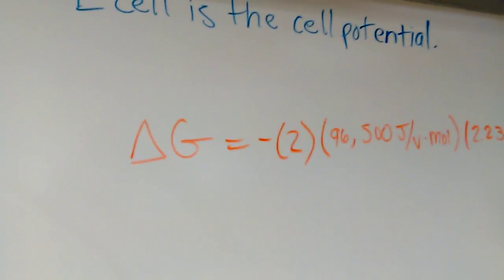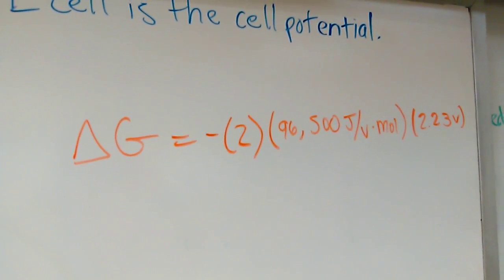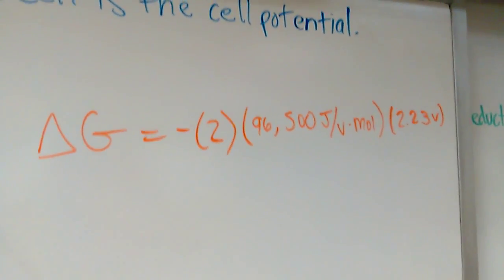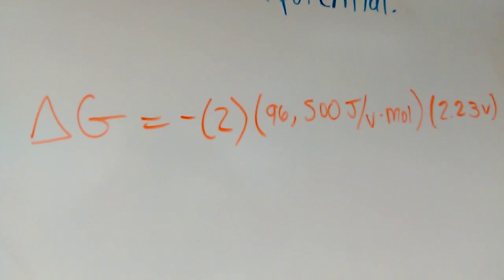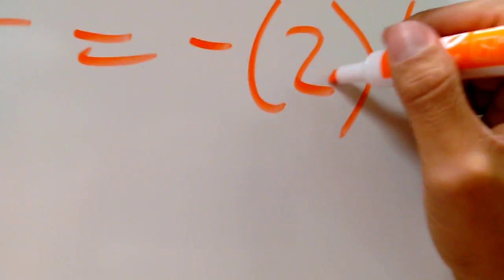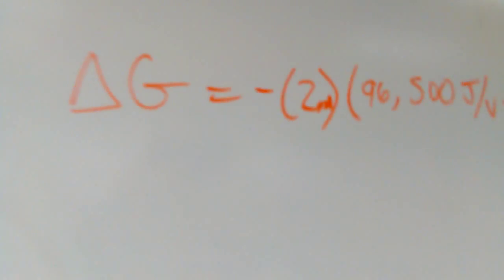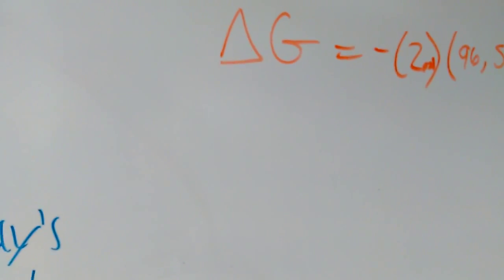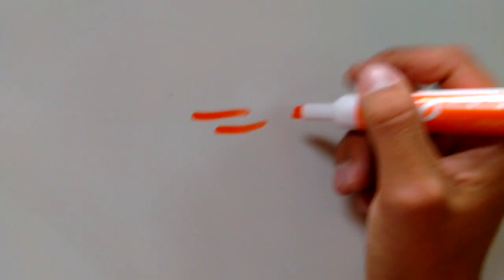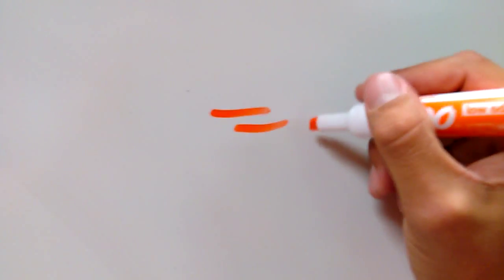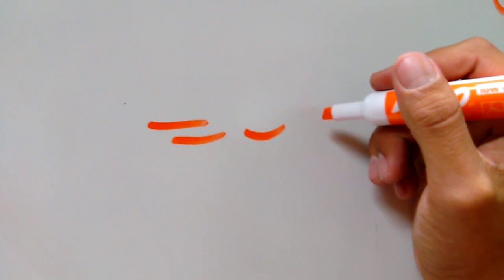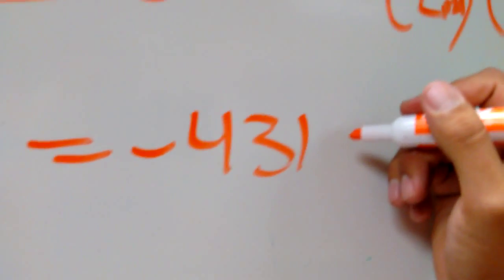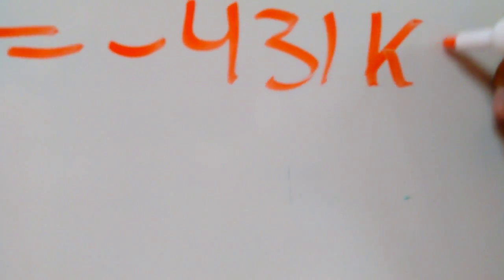It's as simple as multiplying everything together. So you're going to have -2 moles times 96,500 joules per volt times moles times 2.23 volts. You just want to make sure you keep the moles in mind. Then our answer, once you calculate everything out, should be -431 kilojoules.